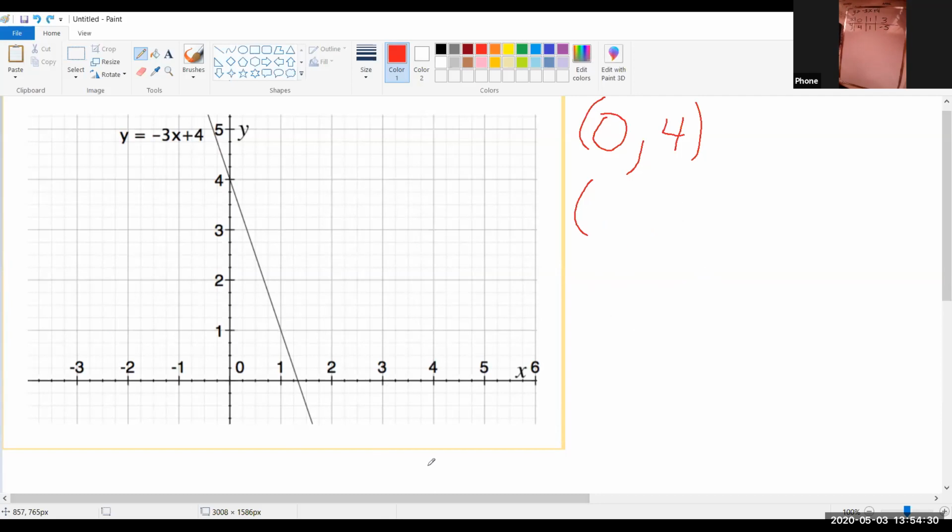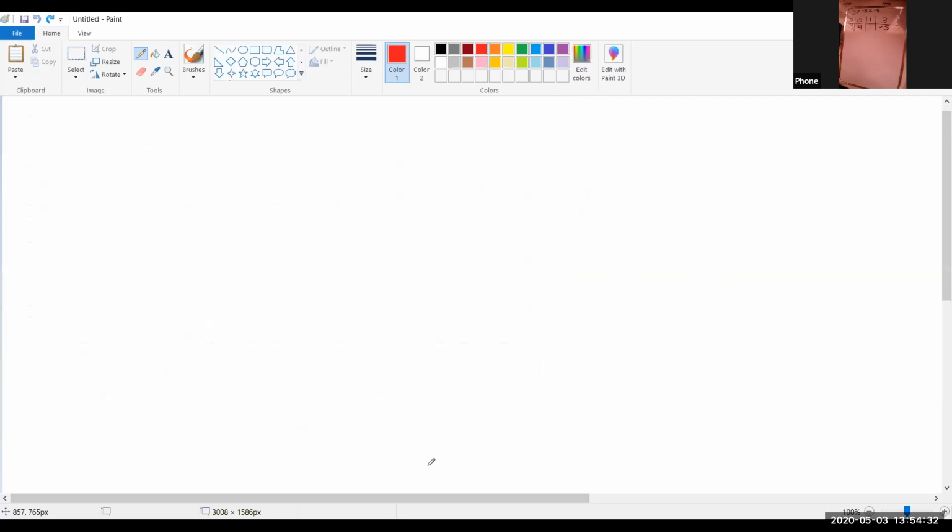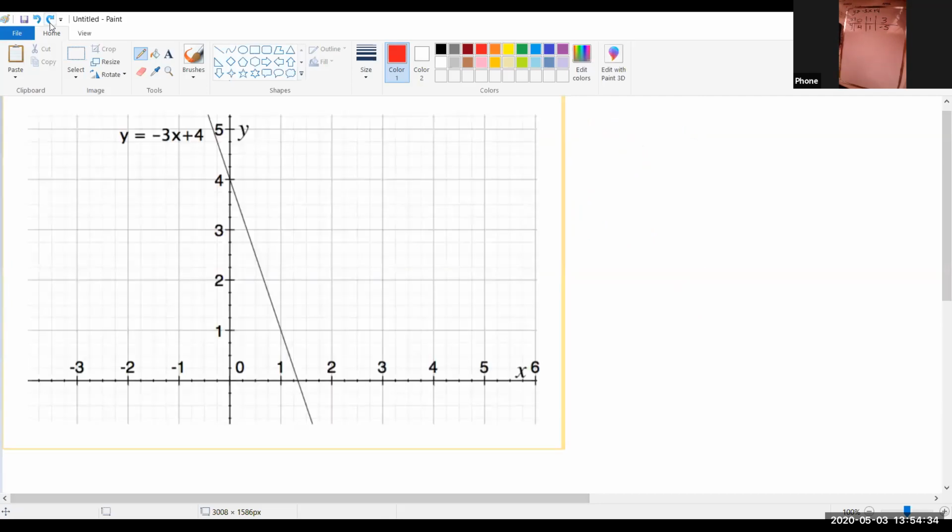The third step is to determine which region we are shading. Now, since the inequality says y is greater than or equal to -3x plus 4, the side that will satisfy the inequality will be the greater than region.